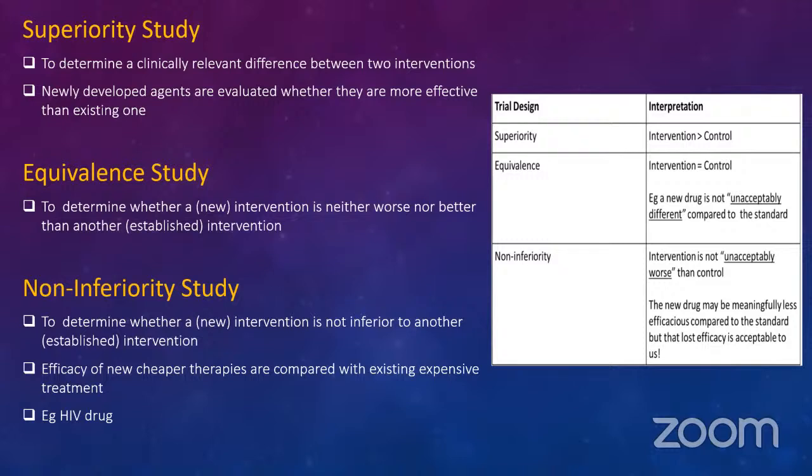An equivalence study is used when the new intervention is neither worse nor better than the established intervention. Then we have a non-inferiority study. Here we are not trying to show the new agent is better. We are just trying to show the new agent is not inferior.